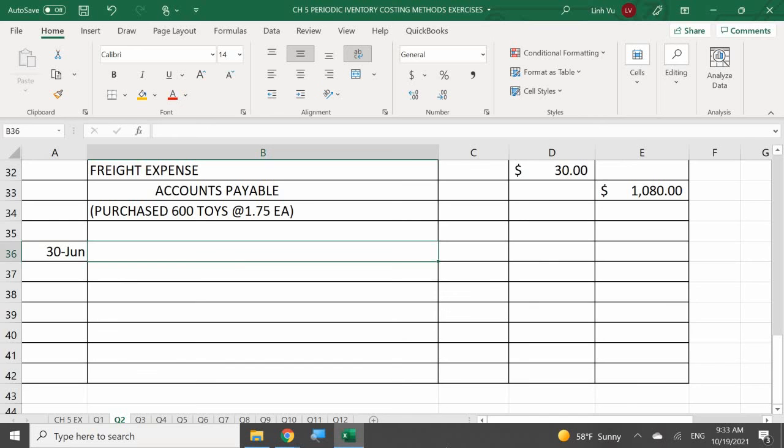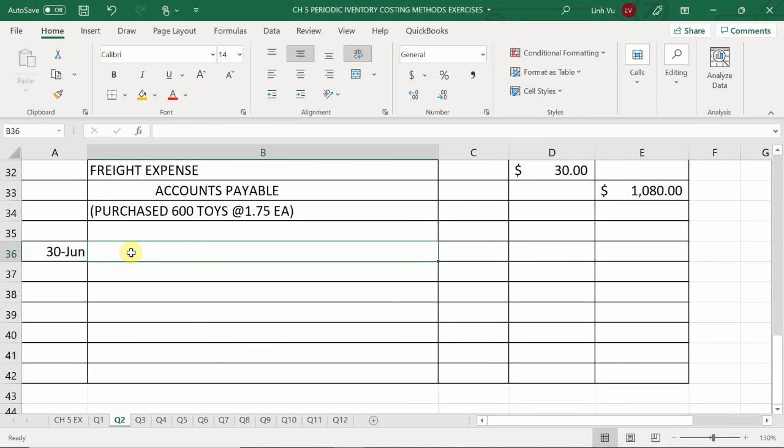With the ending inventory. Okay, ending inventory. So in this case, what did I buy? Toys. So toys would be my inventory. Okay. What else do I need to recognize? Is this where we put cost of goods sold or no? Yes, it's still the cost of goods sold. Good.